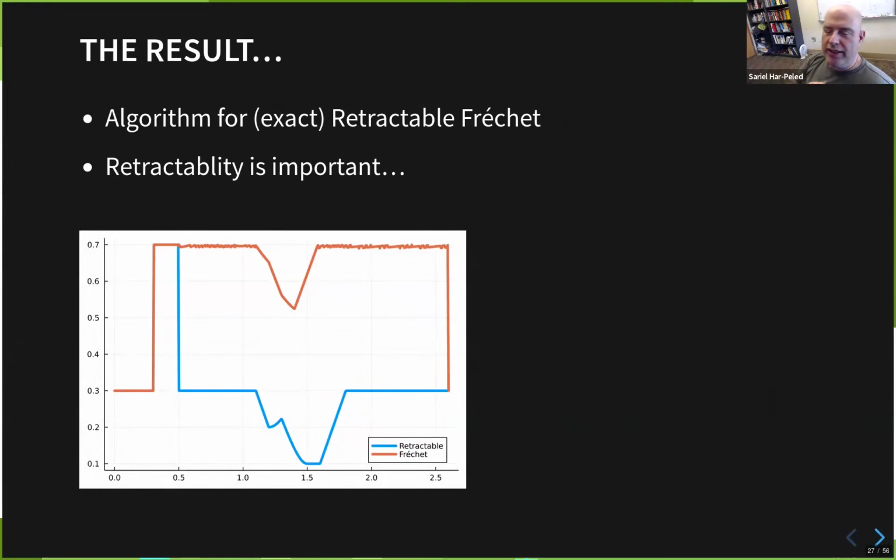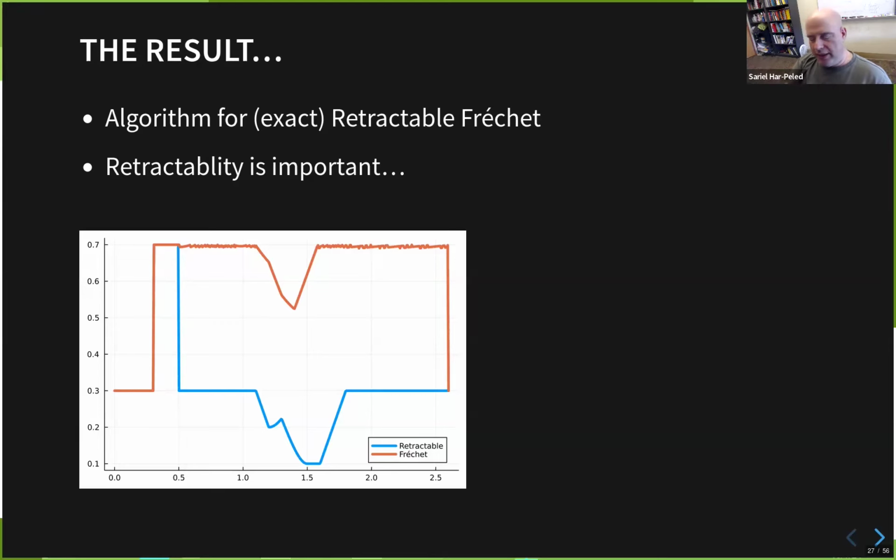Now, I guess I mentioned it already that the tractability is important, right? It enables us to detect the points where the matching is bad, discover outliers, and so on.